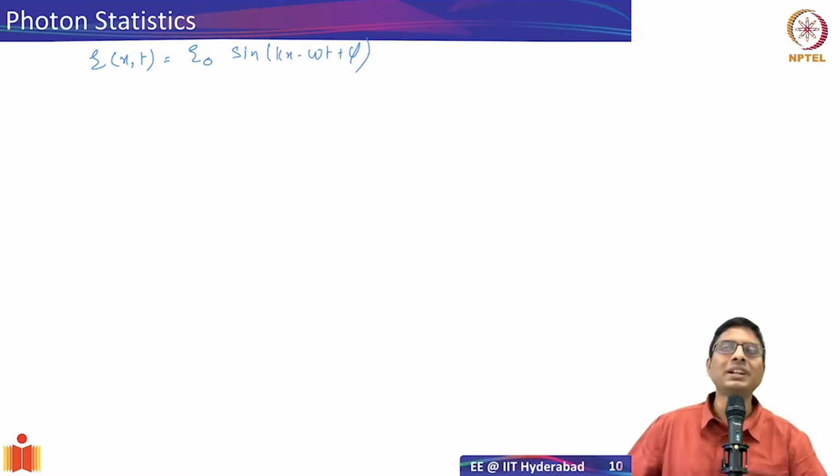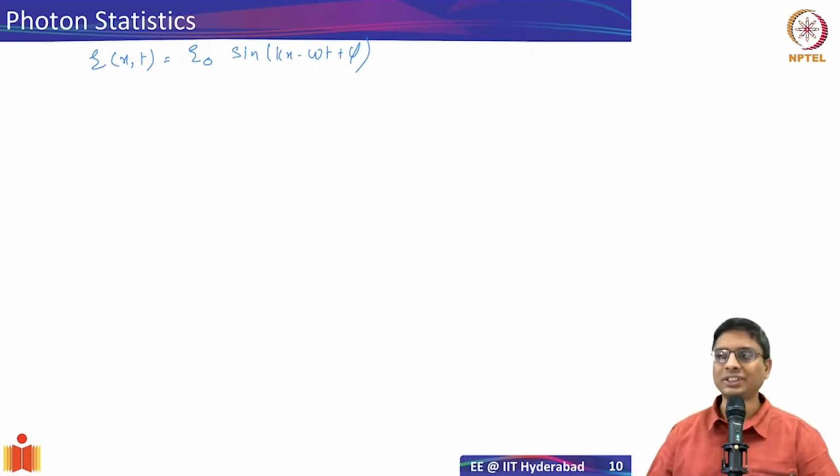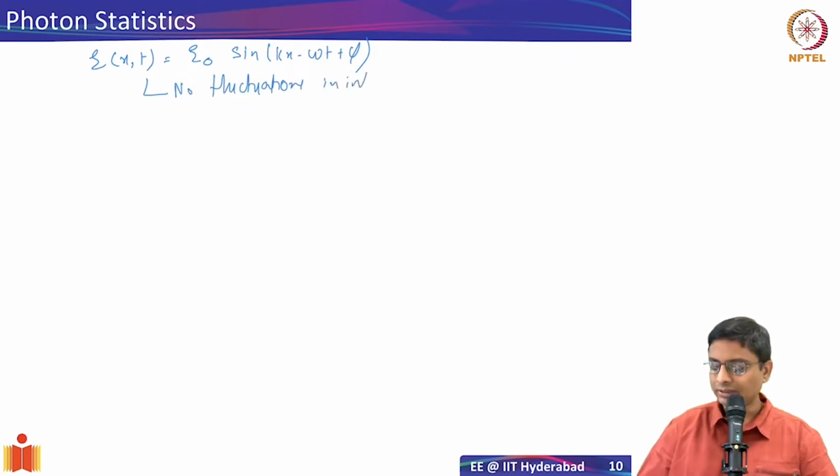And let us assume that it has no fluctuations at all. It's a perfectly constant intensity. So basically, no fluctuations in intensity. This will occur if E naught and phi are constant.